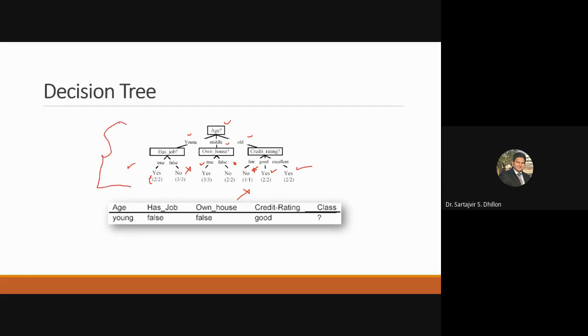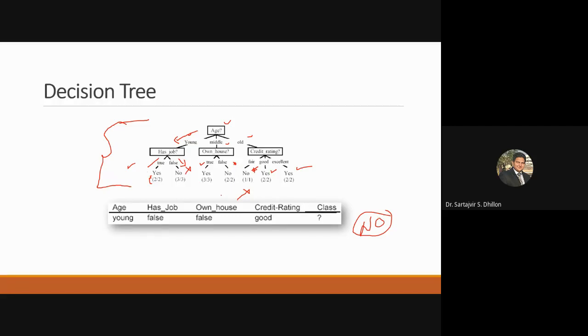We can use this decision tree to get this output, and in this case, you will not get the loan. Your age is young, and that exists over there. Do you have a job? No, you don't have any job, so you will not get the loan.